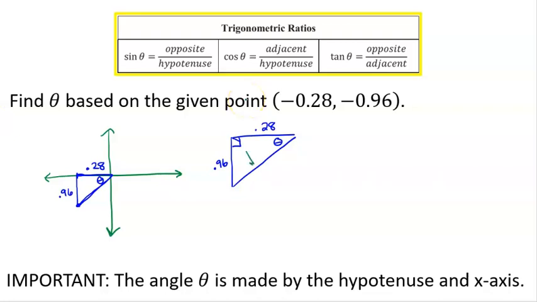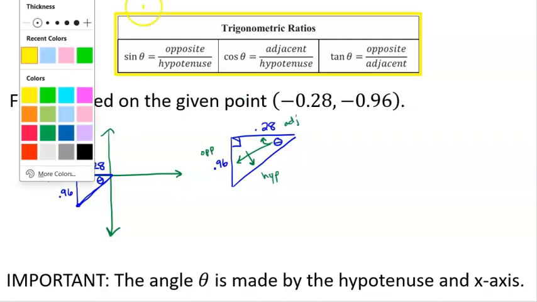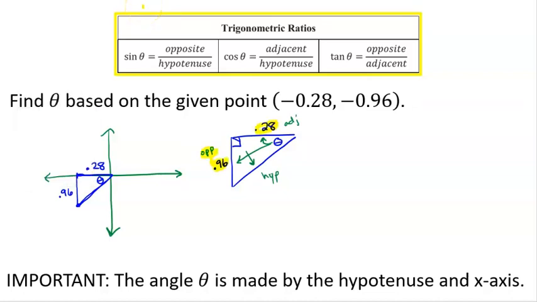So now I have my hypotenuse, this is going to be my opposite, and my adjacent. And so which one uses opposite and adjacent? That's going to be our tan. So tangent theta equals opposite, which is 0.96, over adjacent, which is 0.28, and I could figure out what my angle is from there.